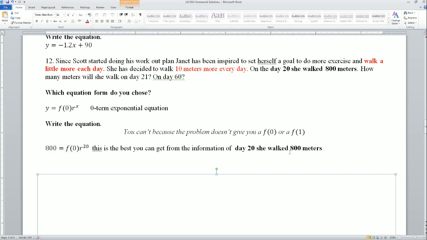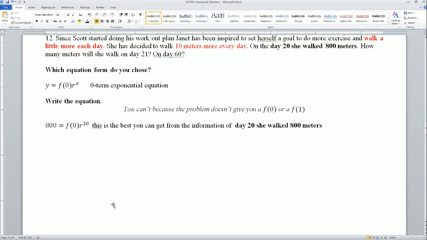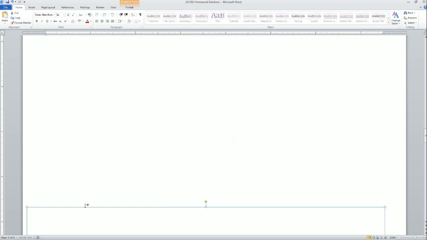On day 20, she walks 800 meters. 800 goes in for y. I know that my x is 20, but I don't know what my f of 0 is. It doesn't say what her first day she walked or her 0 day she walked. It's very difficult to get that. Alright, is that it for that one?